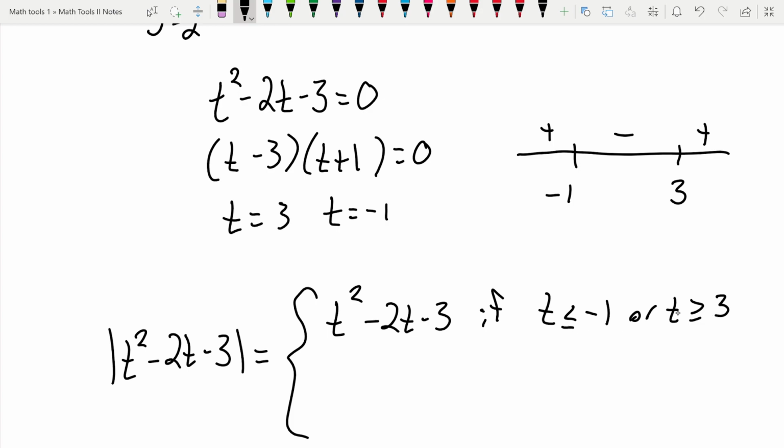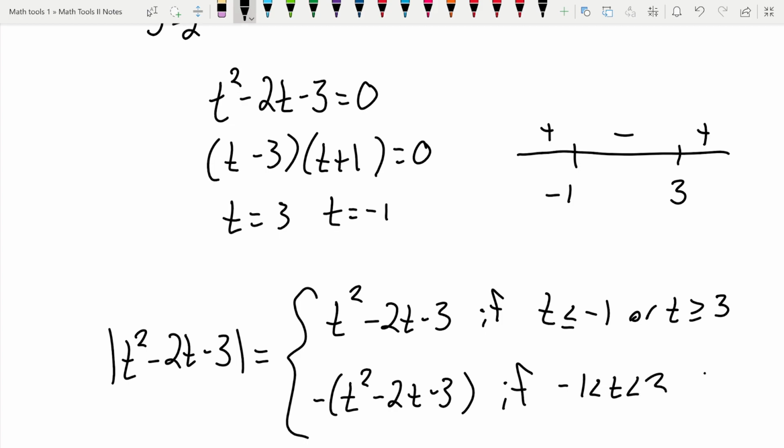And it really doesn't matter which side you put the equals to on, because at that point it's 0. And it's negative if it's between those numbers.